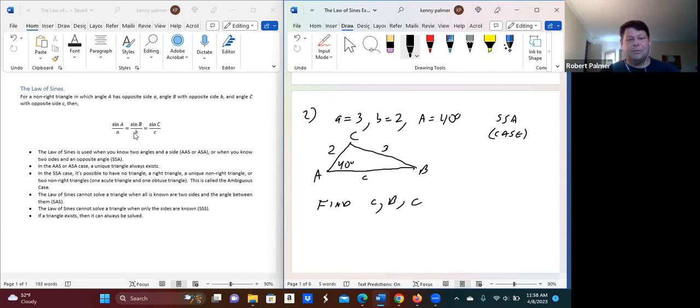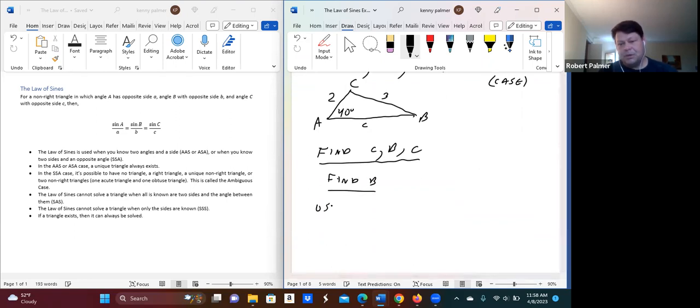Yeah, actually we do. We know side B, and we know angle A and its opposite side A. So then we can find B this way. Let's do that first, although it's not necessarily the first thing we have to do. Okay, so let's use that relationship.